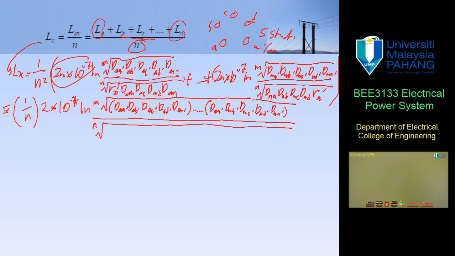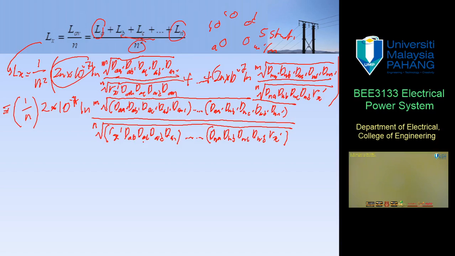Then DAB, DAC, DAD, DAN, skipping the B, C, and D case, so I just end up at N. So here is DNA, DNB, DNC, DND, and this is Rx prime. Okay, and we get this.